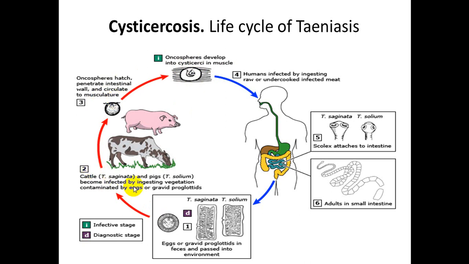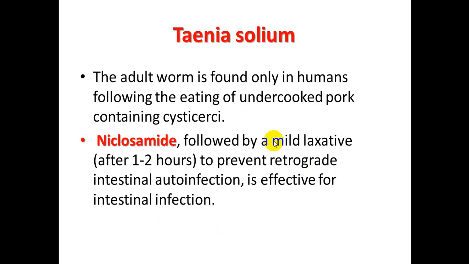Cattle, Taenia saginata, and pigs become infected by ingesting vegetation contaminated by eggs or gravid proglottids, and then from this it can be transmitted to humans by ingestion of raw meat from both these animals. Taenia solium, the adult worm, is found only in humans following eating of undercooked pork containing cysticerci.